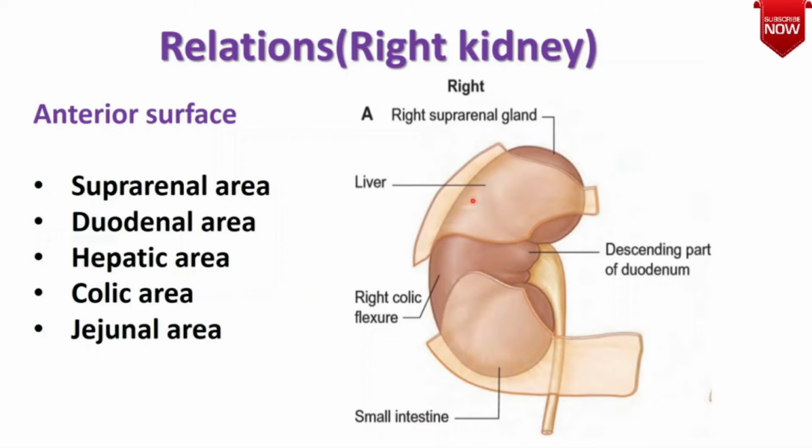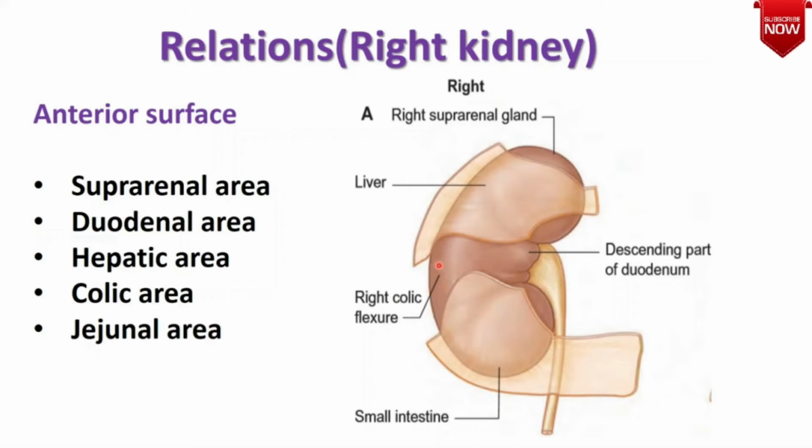So you can appreciate this part is related to the hepatorenal pouch. Below the liver there is the hepatic flexure, so this relation is for the right colic flexure or hepatic flexure, and this part is known as non-peritoneal.